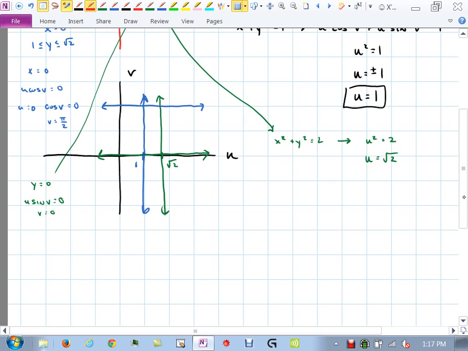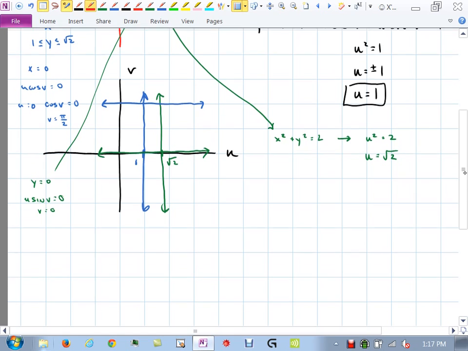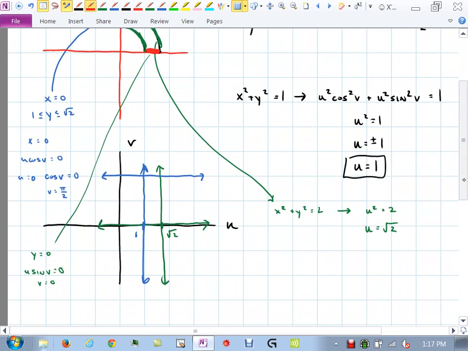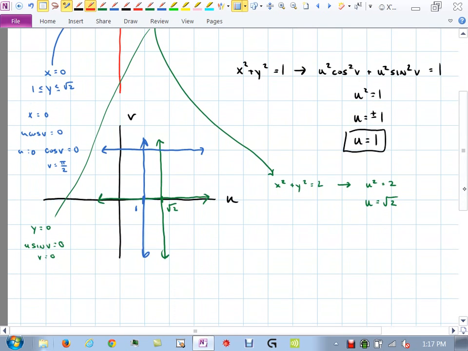Where is the sine function 0? At 0, and pi, but remember, we're restricting ourselves. Remember the restrictions up here? What was the restriction on our angle? 0 to pi over 2. So that means that v would have to be 0, which is this line right here. So what you get is the region in here, like that. Okay? I hope that makes some sense.